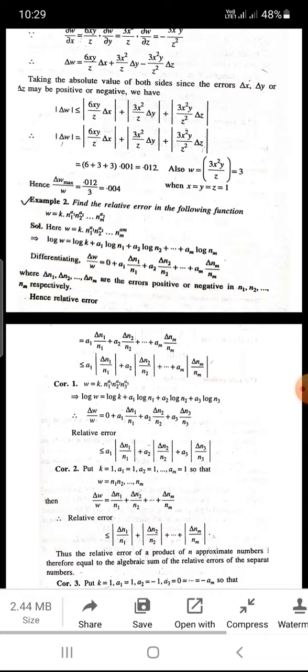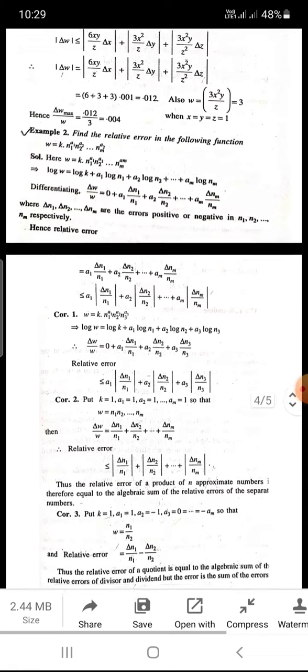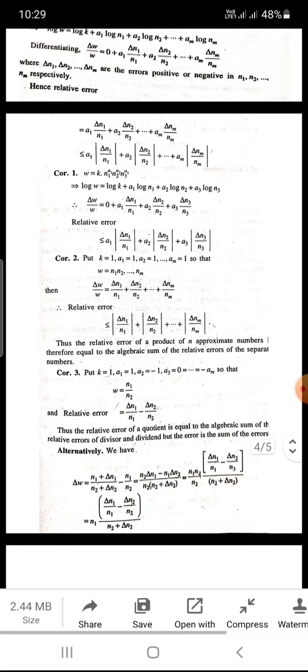So relative error will be equal to a1 delta n1 upon n1 plus a2 delta n2 upon n2 plus am delta nm upon nm, which is less than or equal to a1 mod delta n1 upon n1 plus a2 mod delta n2 upon n2 and so on up till am mod delta nm upon nm.